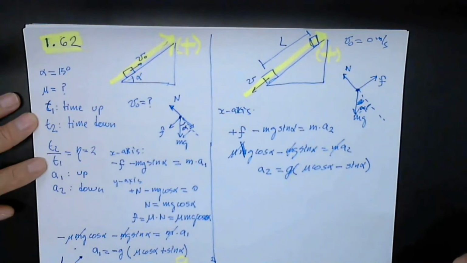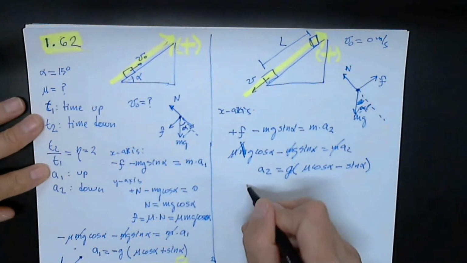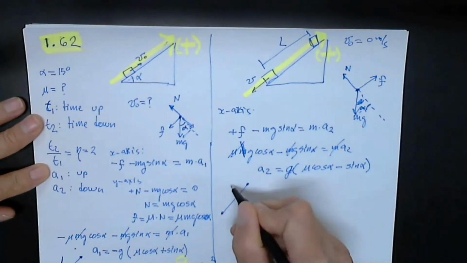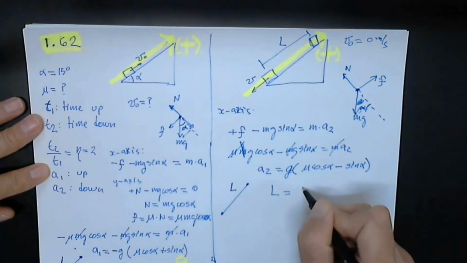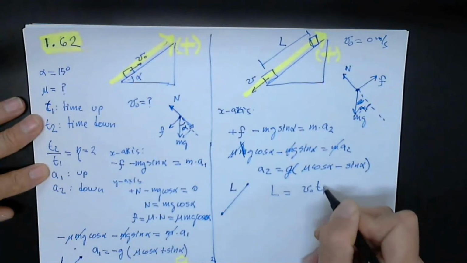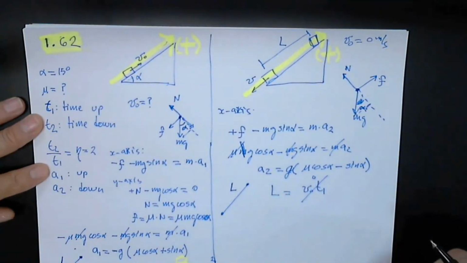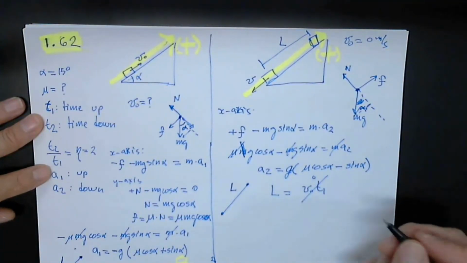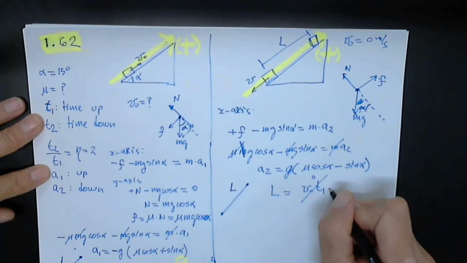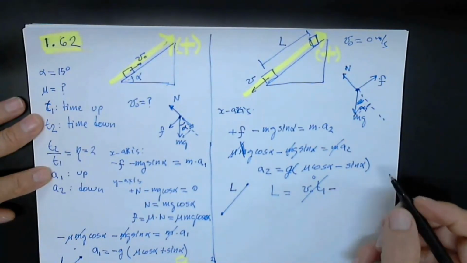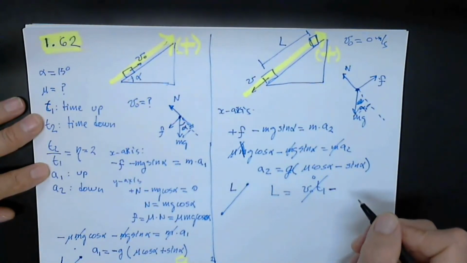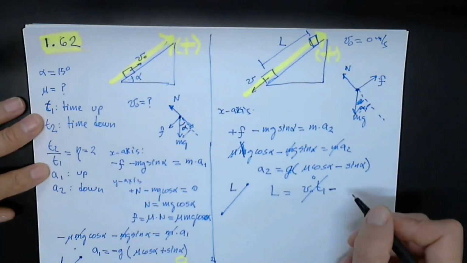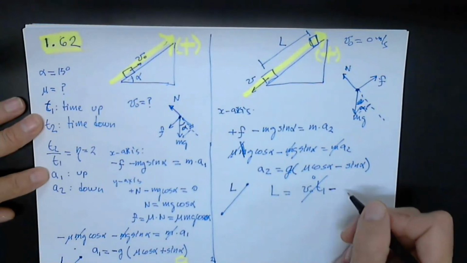And again, I now use the kinematic equation. L, this distance L, is the initial velocity, which now is 0, minus the acceleration.